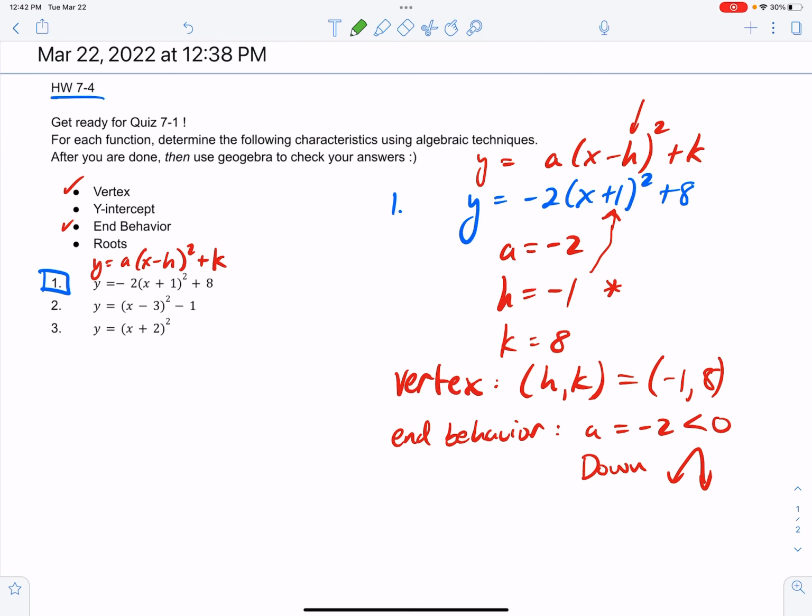Now we have two other parts, which is we can calculate the roots. And the way you calculate the roots is you make y equal to 0. So I'm going to reread problem 1, but instead of saying y, I'm going to say 0. So this becomes 0 equals -2 times x plus 1 squared plus 8.